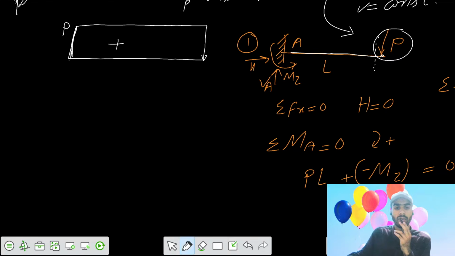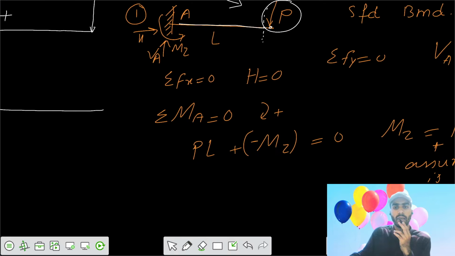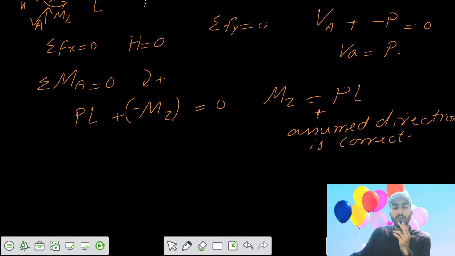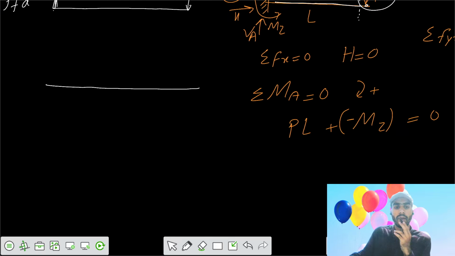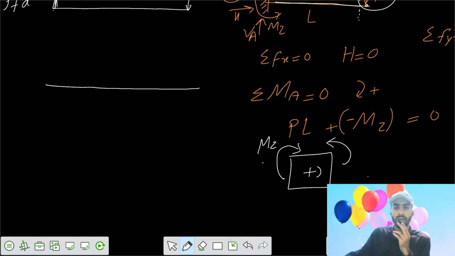For the bending moment diagram, this is your reference line. The moment at A is P into L, but it is anti-clockwise. If the moment acting on a section is clockwise, we keep it as positive.